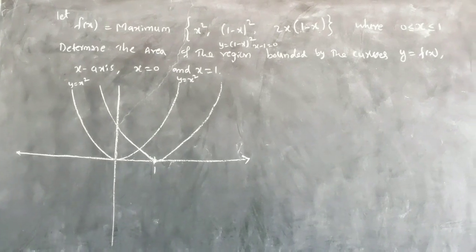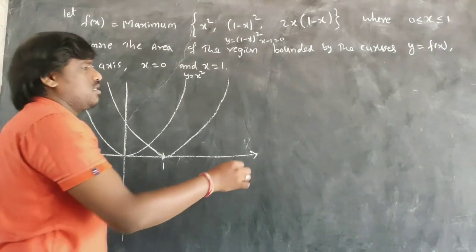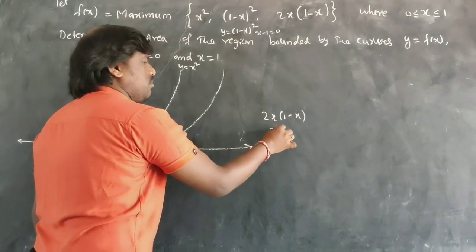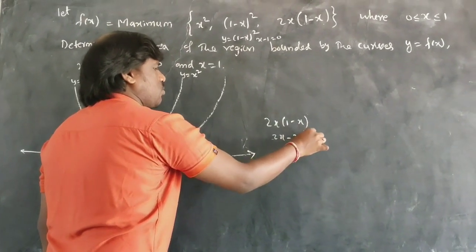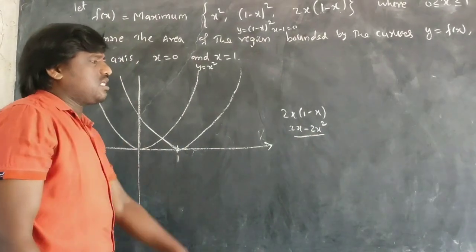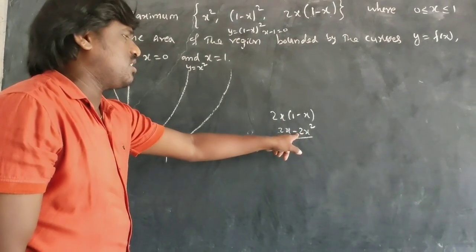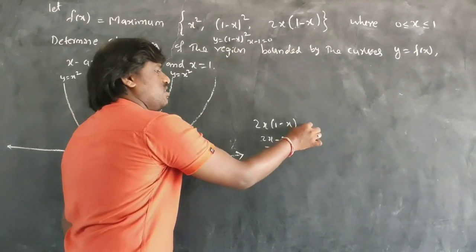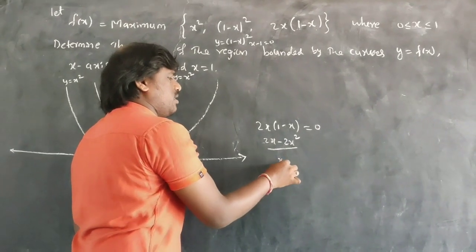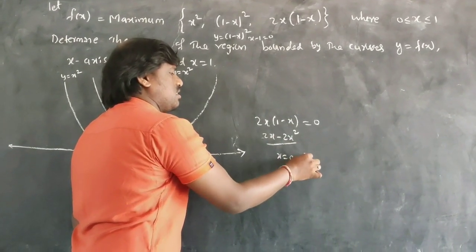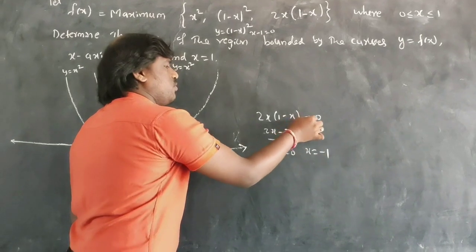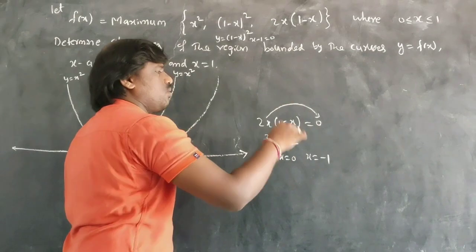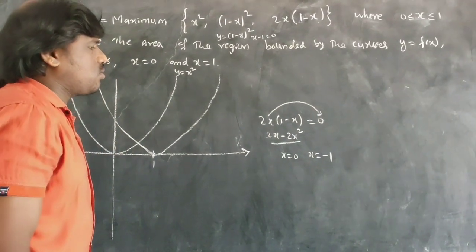Look at the other function, 2x into 1 minus x. The graph of this function is 2x minus 2x square. It's a quadratic equation and the leading coefficient is minus 2. What are the zeros? If you make it 0, I get x equal to 0, and from 1 minus x equal to 0, I get x equal to plus 1.